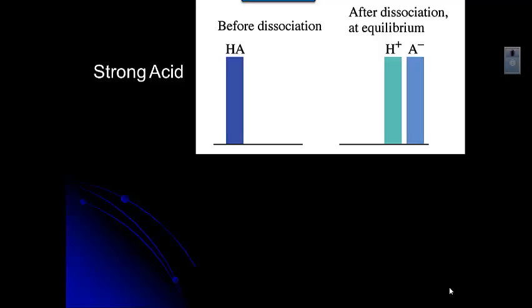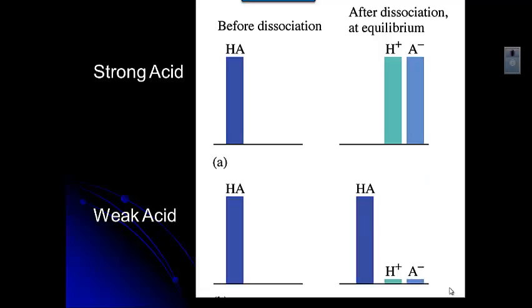Here's another way to look at it. If you have a strong acid, before you put it in water and it dissociates, everything is the acid molecule. So H, remember that ionizable hydrogens at the front of the formula show you that it's an acid. So HA is just like a generic acid formula. After it dissociates at equilibrium, basically it's all hydrogen ions and acid ions, like chloride ions for hydrochloric acid, whatever that other part of the acid is.